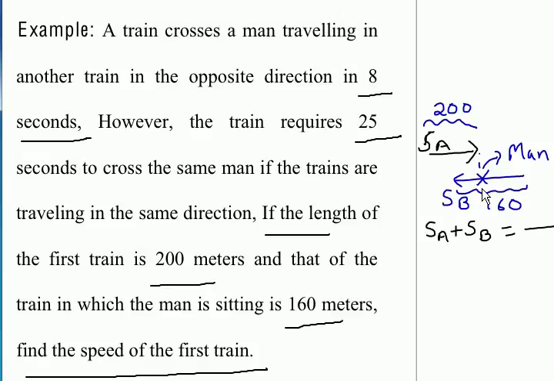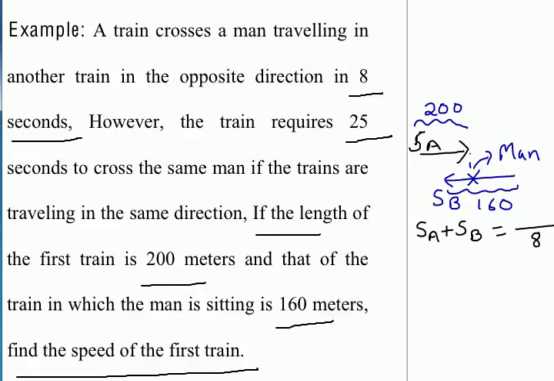So how much time did it take? 8 seconds. So this is my time. And how much is the distance? Now the length of the first train is 200 and that of the second train is 160. So is the distance going to be 200 plus 160? What do you think?